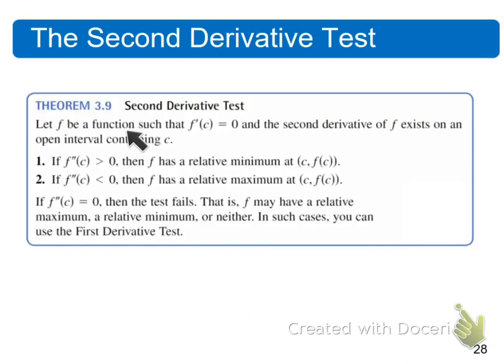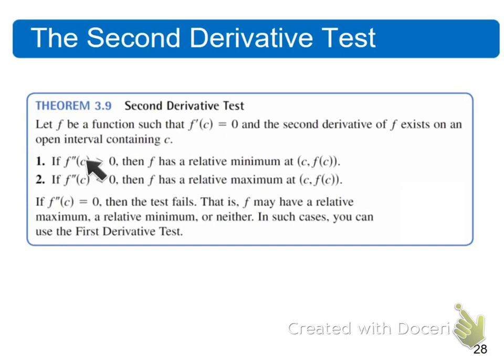So write it down. This is important that you first state this. Let f be a function such that the first derivative at c is 0. So we have to have the first derivative equal to 0. Then we can conclude this.